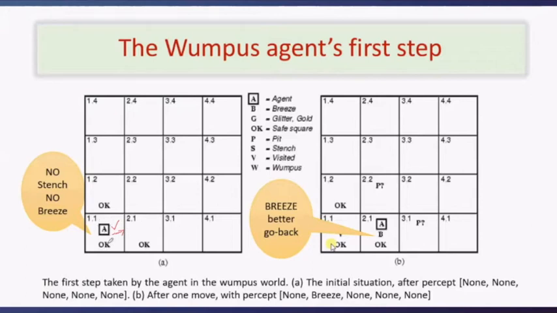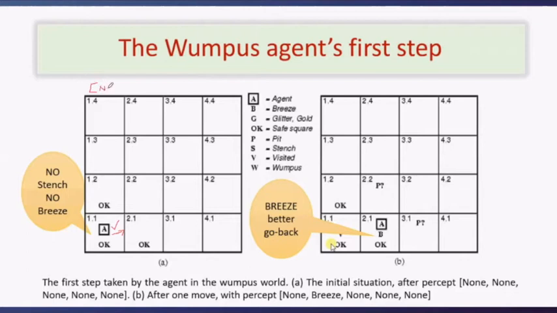Here it is. What is the percept sequence here? So we know that the percept sequence will be found in the form of 5 tuples. So in this 5 tuple, we have how many tuples? So the first tuple, we can represent the first tuple is stench. So stench is none.